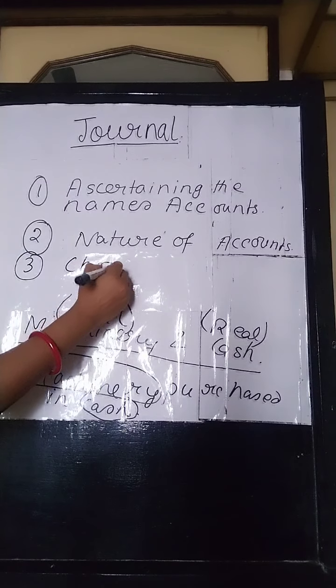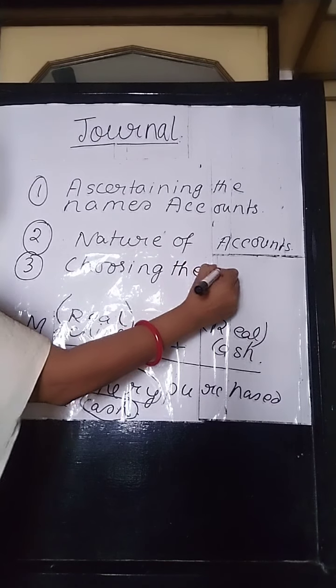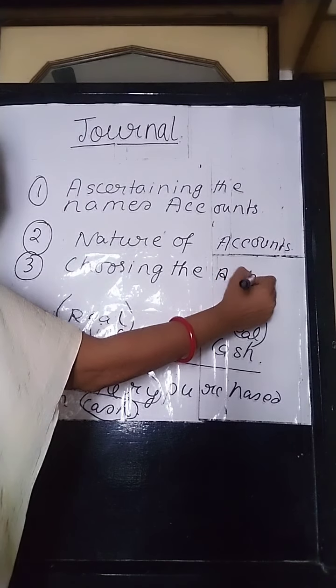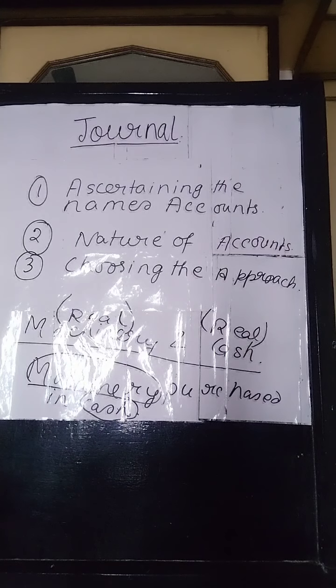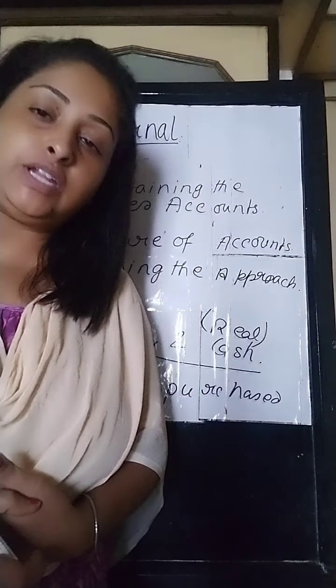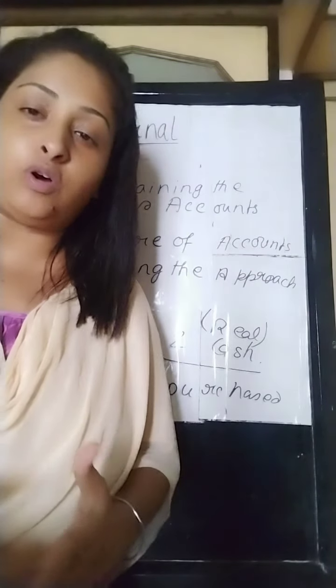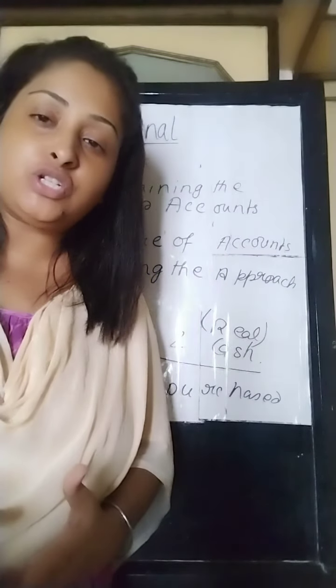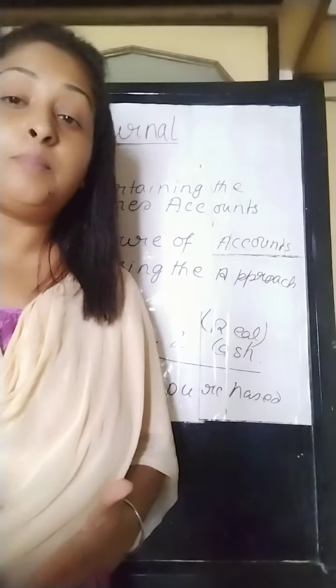Choosing the approach to be followed. I have told you in the beginning videos that we generally follow two types of approaches for accounts. One is the British approach, and the other is the American approach.